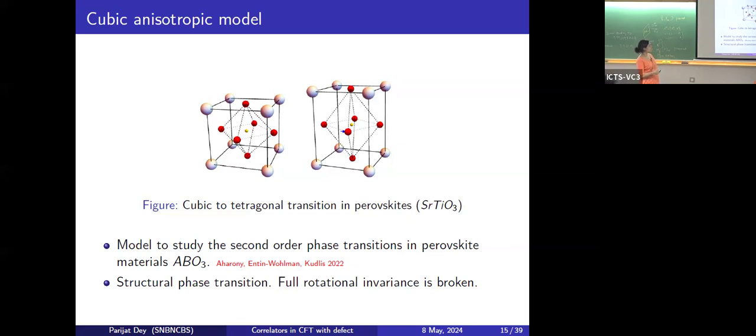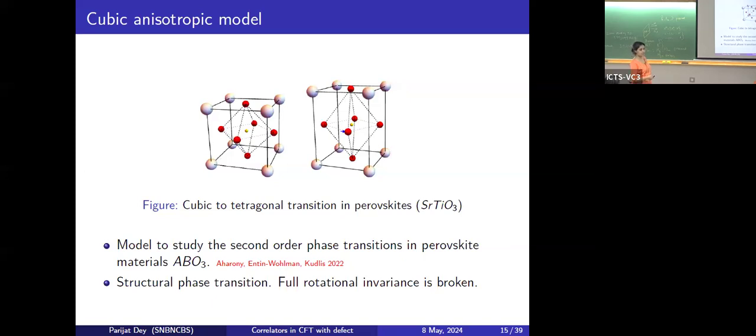Now this is a particular kind of crystalline structure in this perovskite material. If we lower the temperature of this material, it turns out that it undergoes a phase transition, and this cubic structure is altered to a tetragonal structure. So this is a tetragon where this is the base.